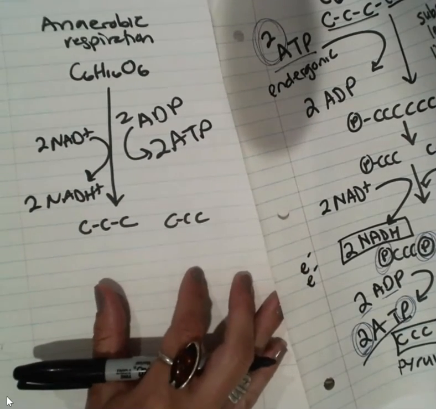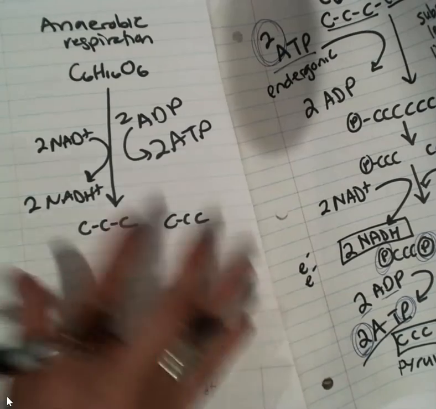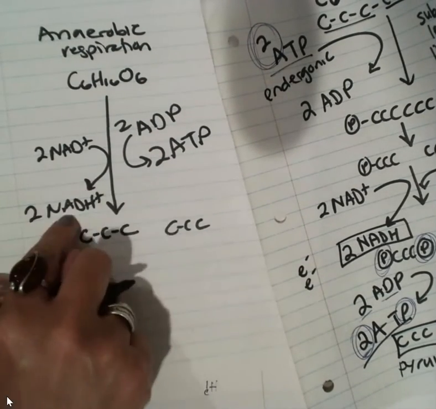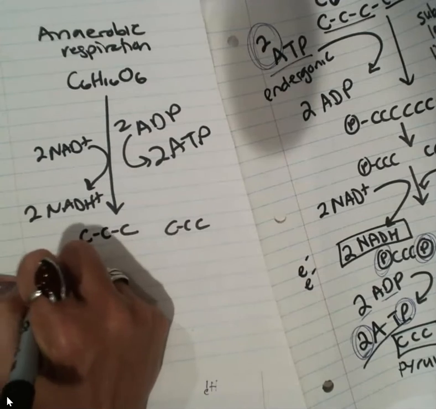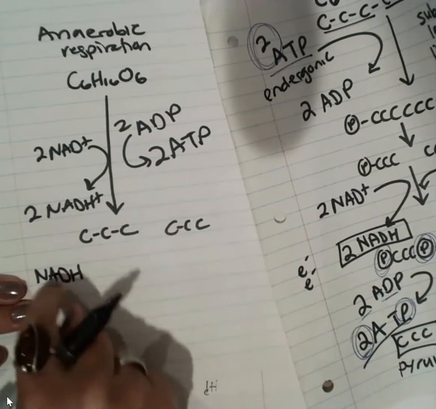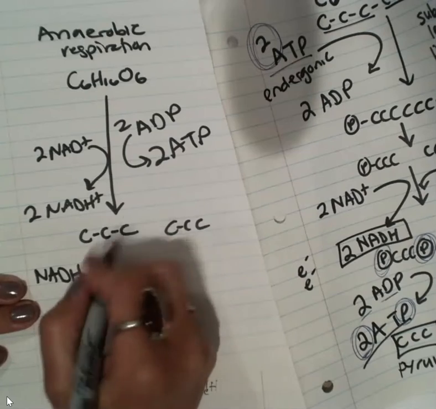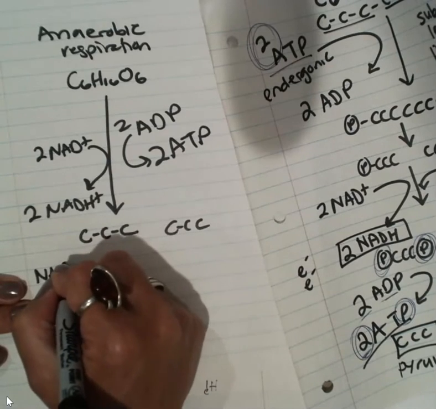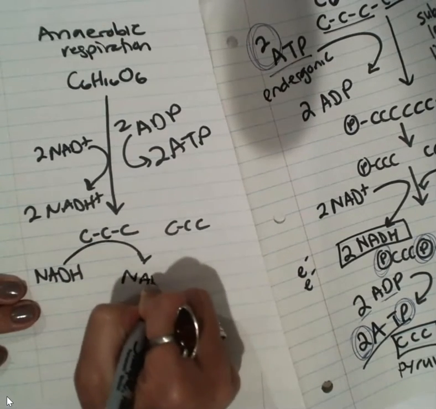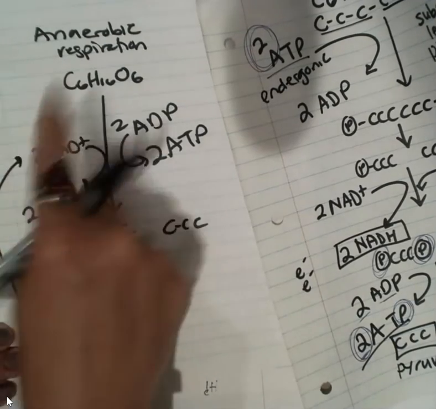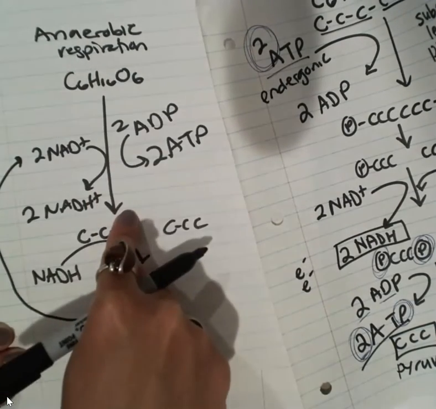So now, in order to continue glycolysis occurring, this NADH needs to be oxidized. We need to get the electrons and the hydrogens off and basically get it back into NAD+, so NAD+ can continue being used in glycolysis.